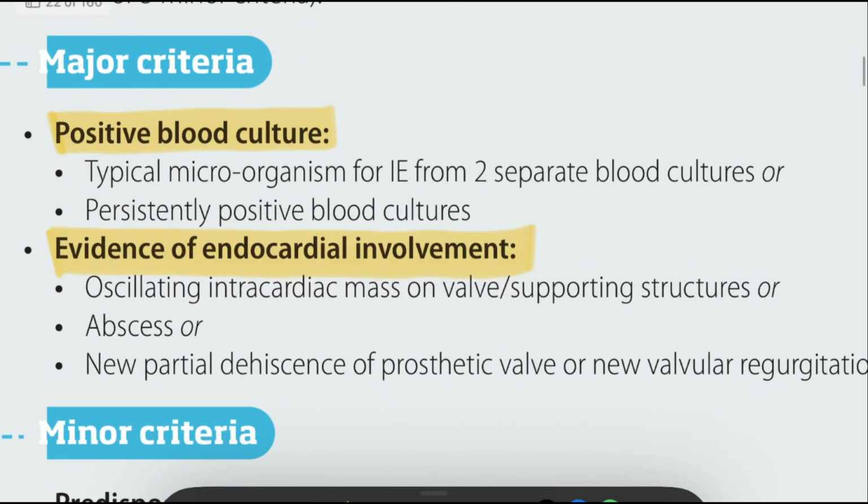Typically microorganisms from two separate blood cultures will be positive. Evidence of endocardial involvement helps to find the vegetation, abscess and new valve regurgitation, like an oscillating intracardiac mass on valves or supporting structures, abscess, new partial dehiscence of a prosthetic valve, or new valvular regurgitation.